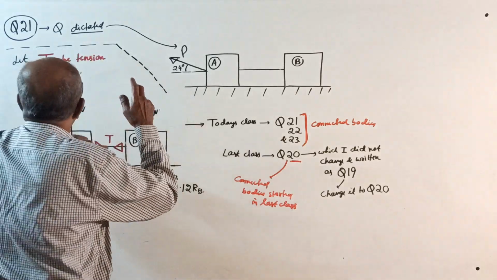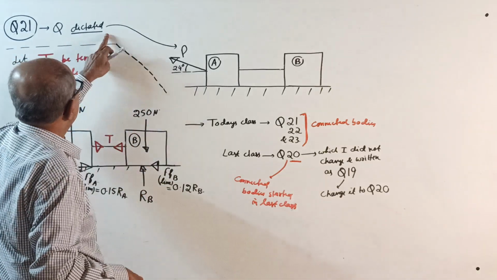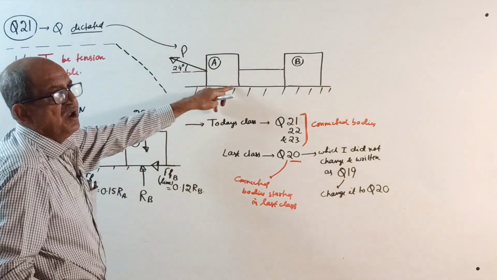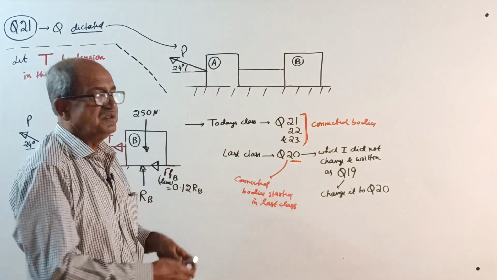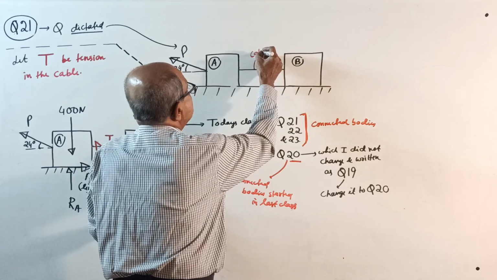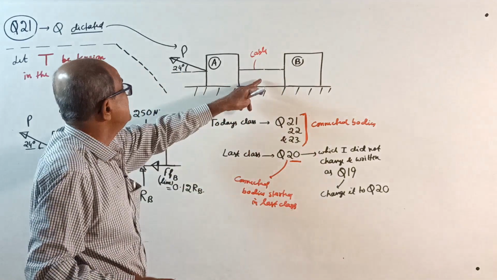So once again, I will dictate the question slowly. Two blocks A and B are placed on a rough horizontal surface, connected by a cable, as shown in figure. This is the cable. Sketch given.